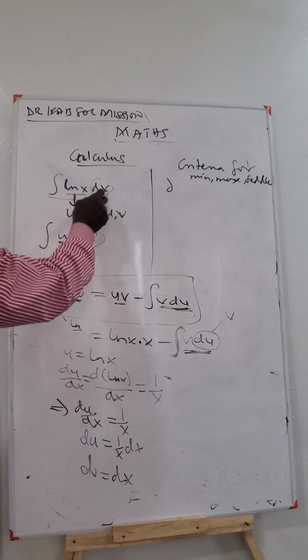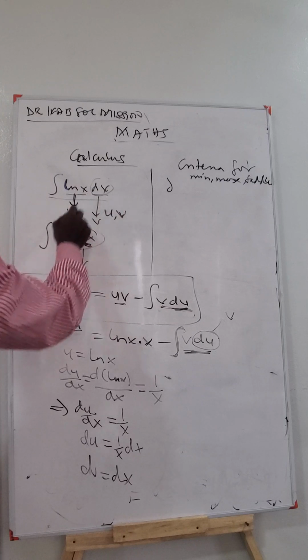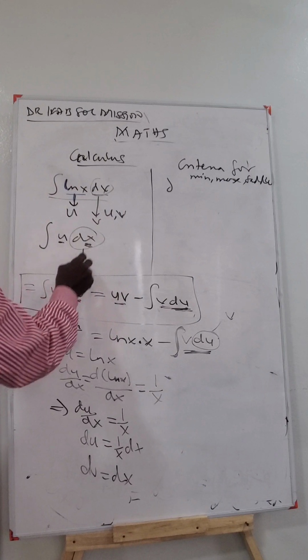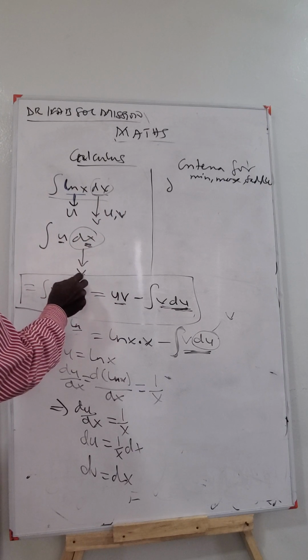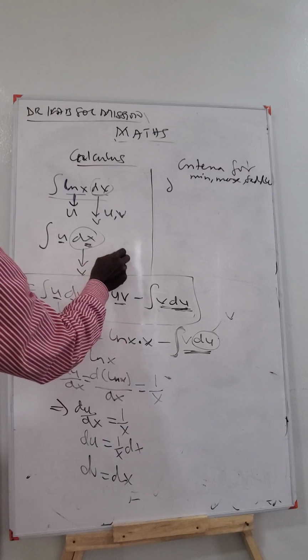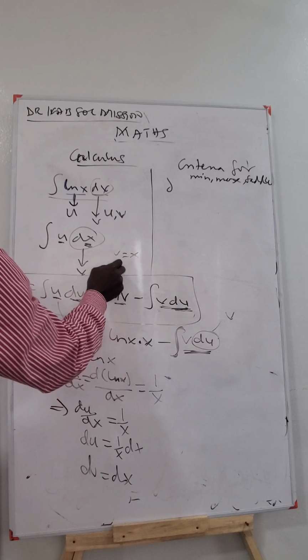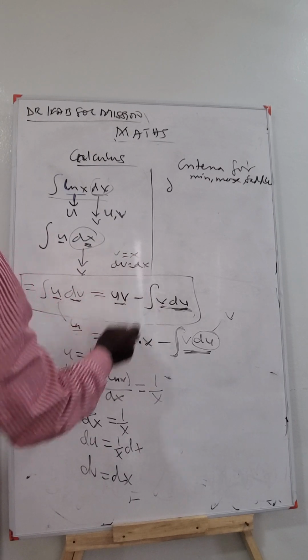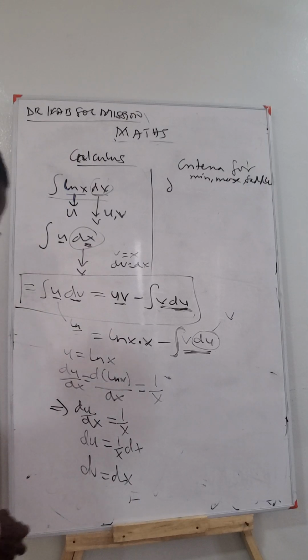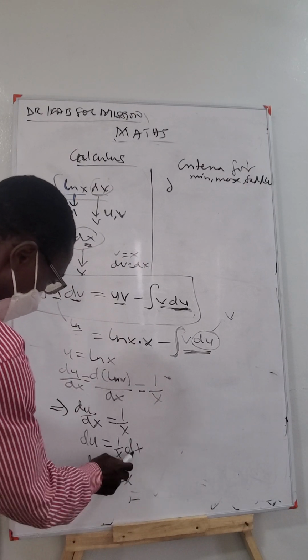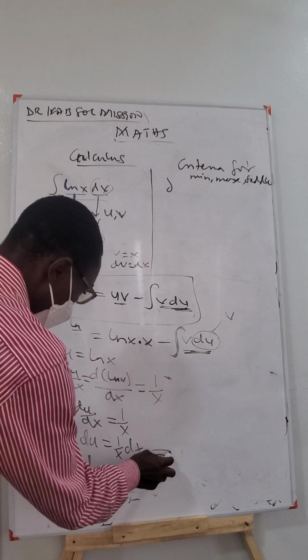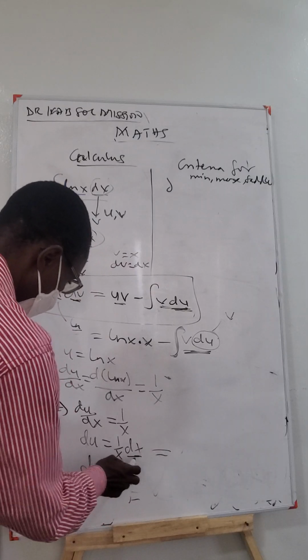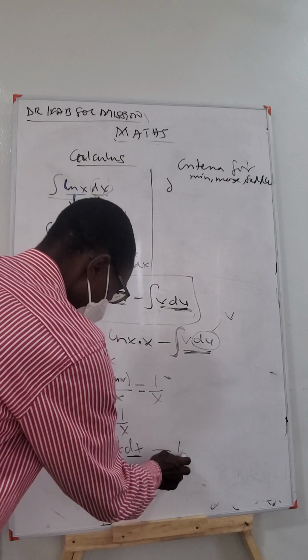Because this is complex, we make it u, and this also becomes complex, so we also let it be represented by v. So we are saying that v is equal to x, the same thing. So in that case, this expression will also be equal to, because x is the same as v, it becomes 1 over v.